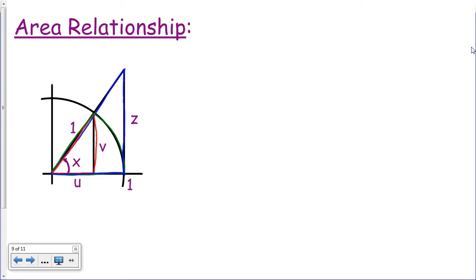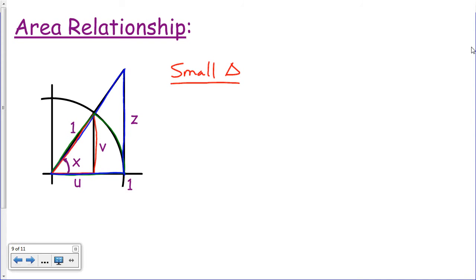So it really doesn't matter what we start out with, but let's look at this small triangle to start off with. And let's start with u. Let's just do this in order here. So if I look at u and I look at this angle x, u is the adjacent side to that angle, and the hypotenuse of that little red triangle is 1.